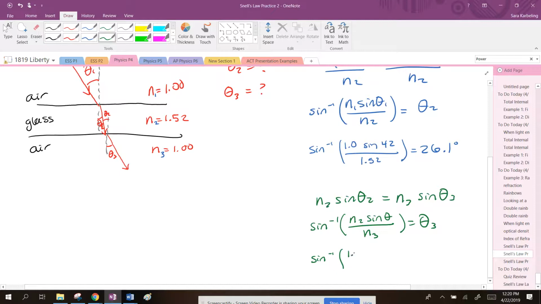So that one's going to be 1.52 on the top, sine of 26.1, divided by 1 is equal to theta 3. You'll notice, if you're mathematically minded, that the bigger number is up here on top. So that's why it's going to bend away and be a bigger number than the one it started off as.